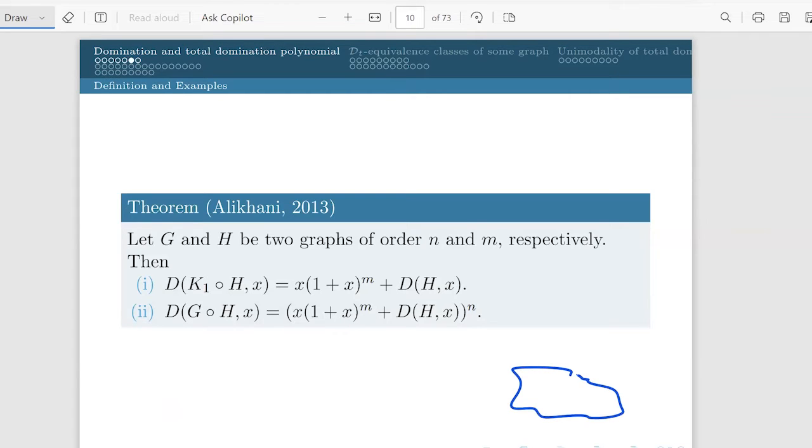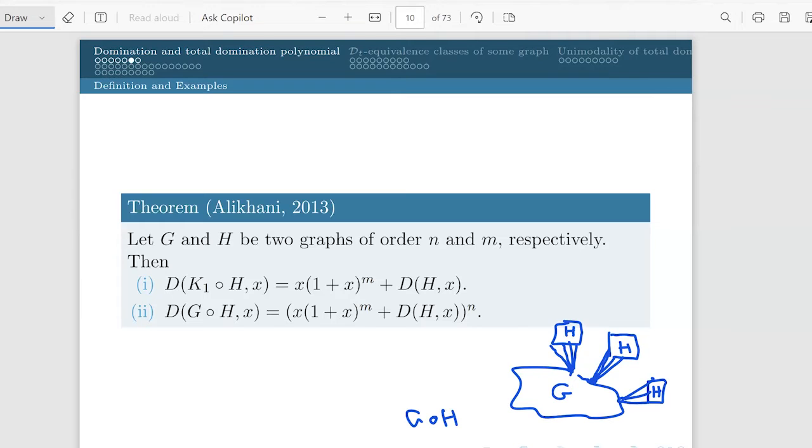For example, let G be a graph, and we have another graph, for example, H. G corona H is obtained by putting a copy of the graph H for every vertex of G and connecting that vertex of G to all vertices in H. Okay, for example, another H I put here and connect this vertex of G to all vertices in the H. Okay, this is the corona of two graphs G and H.